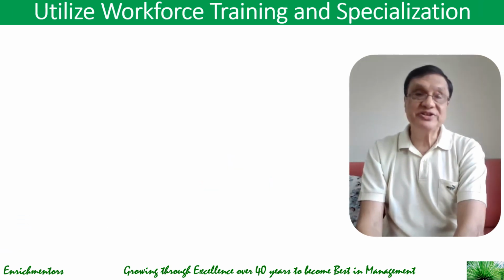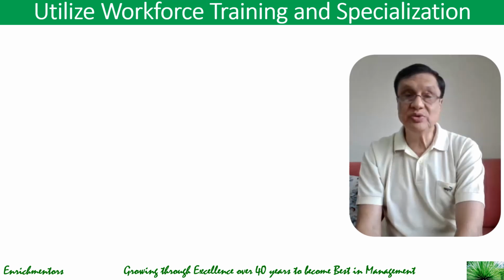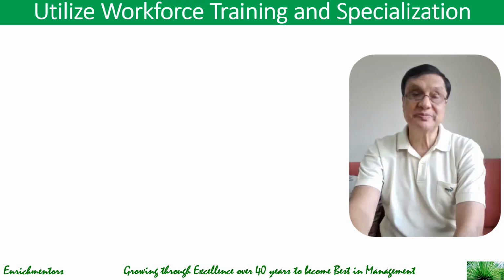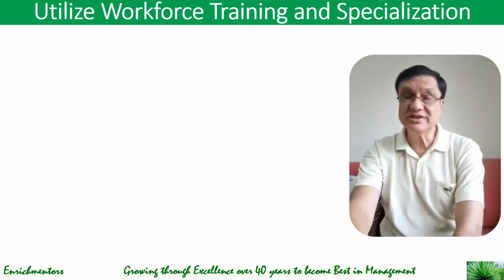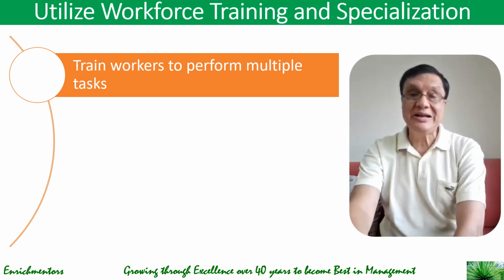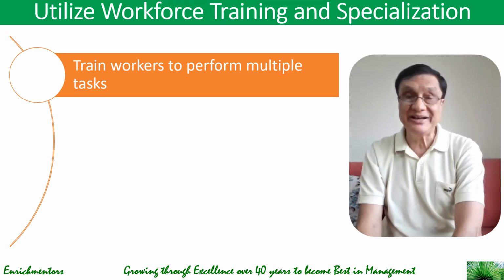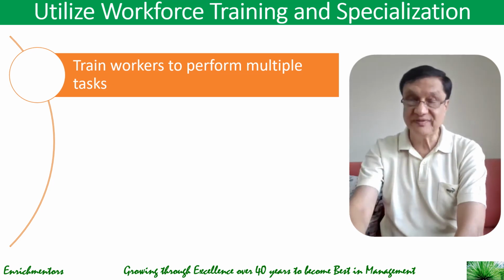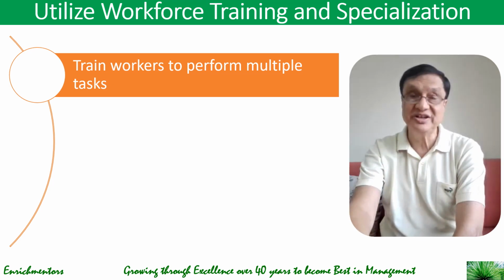Workforce training and specialization is another thing that you can do to efficiently use your resources, especially the labor resources, as well as equipment for that matter. So you need to train workers to perform multiple tasks to improve versatility and adaptability. The capability should be built to handle different kinds of tasks at different points of time as needed.